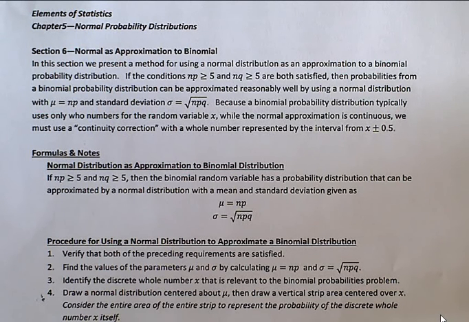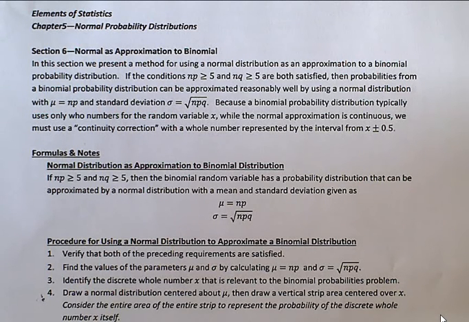And we did some of those in the previous chapter where we were calculating based on those kind of shortcut values, if you will. Because a binomial probability distribution typically uses only whole numbers for the random variable x, remember these were discrete values, while the normal approximation is continuous, we must use a continuity correction with a whole number represented by the interval from x plus or minus 0.5.